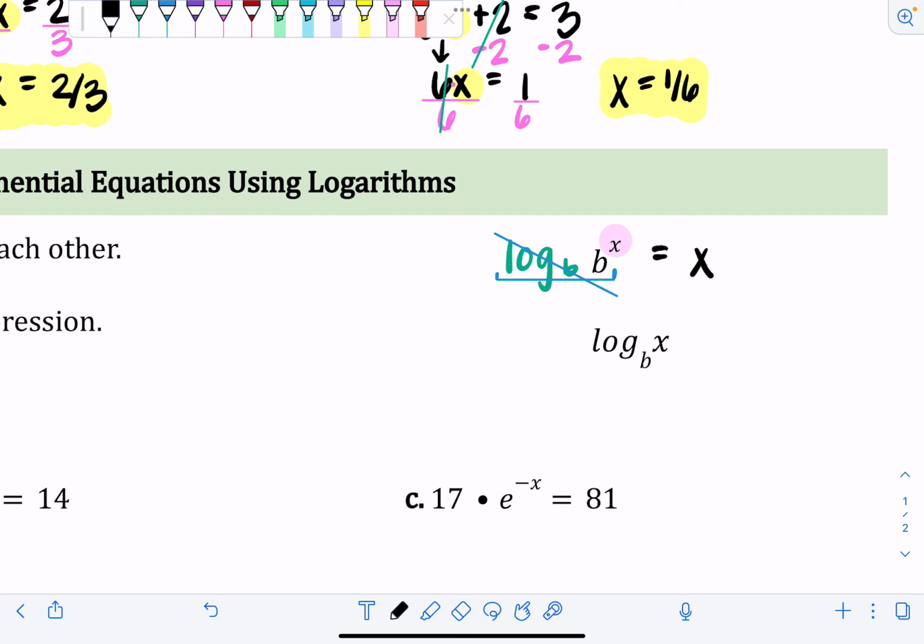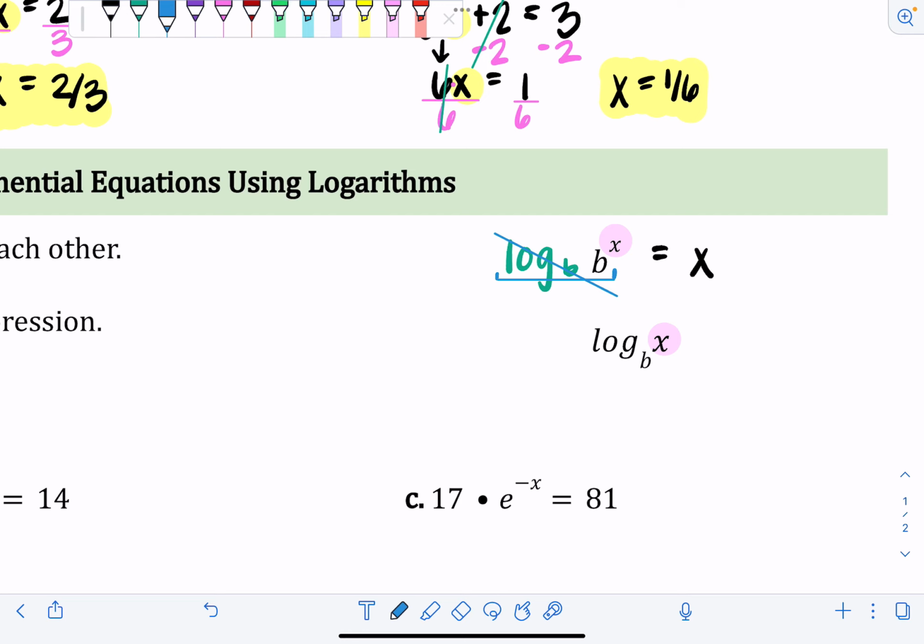And then if we were to do that backwards, so if we had log base b of x and I wanted to get the x by itself, I would have to use the inverse of a log with a base of b, which would be an exponential with a base of b. So the log of the base of b and the exponential of the base of b cancel each other out.